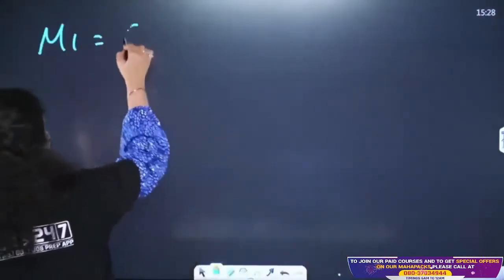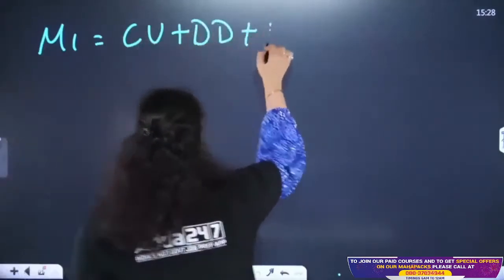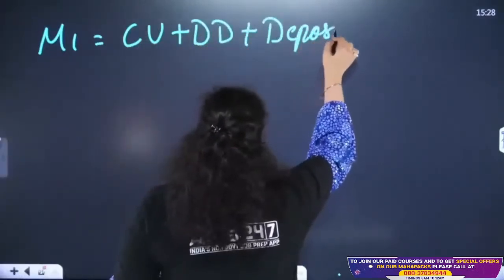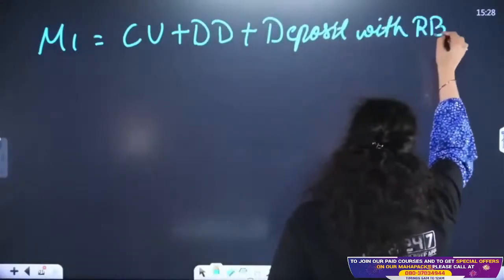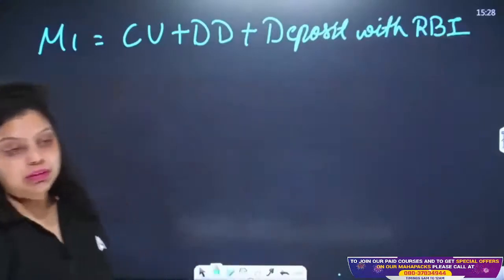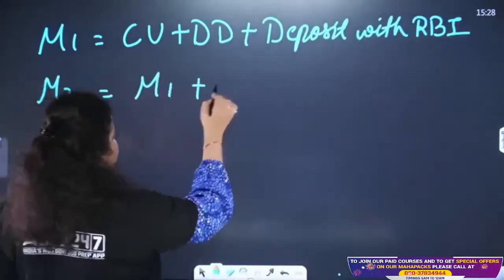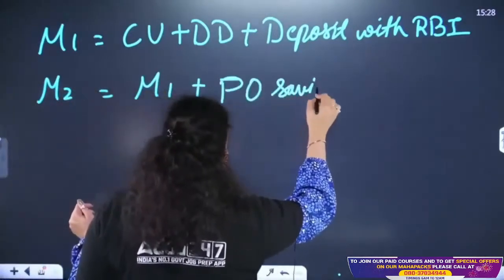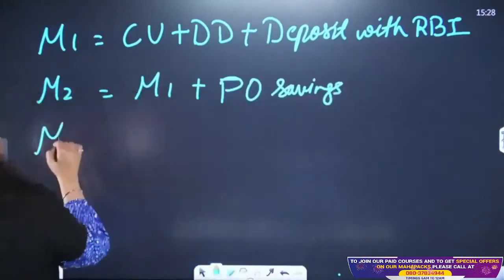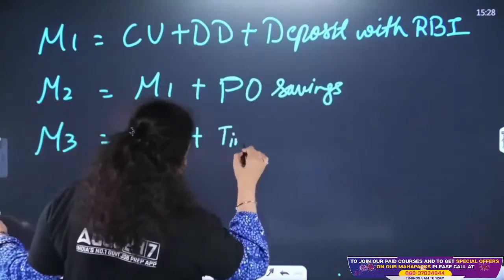M1 is equal to currency units plus demand deposit plus deposit with RBI. M2 is M1 plus post office savings. M3 is M1 plus time deposit. I will explain all these, don't worry about it.